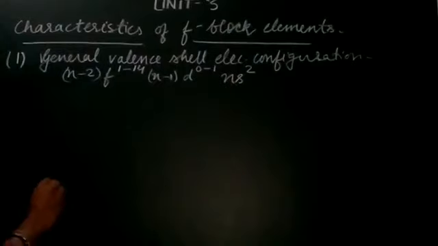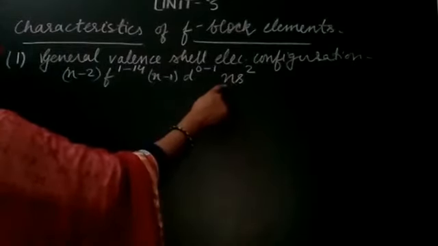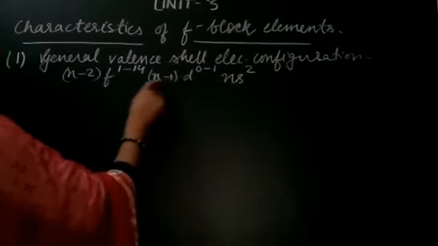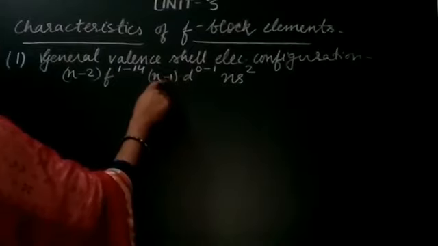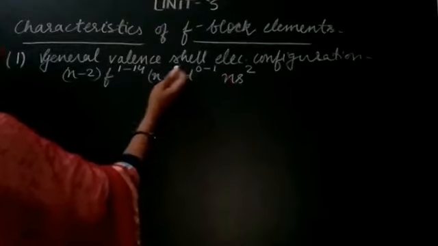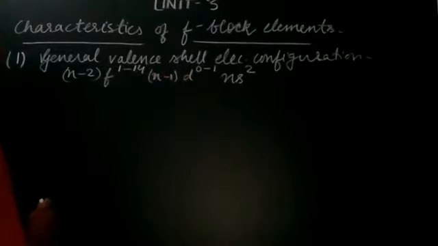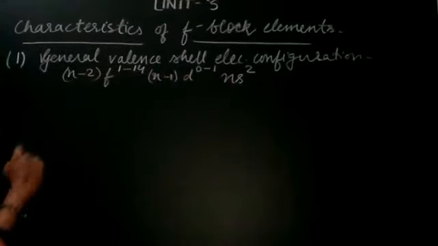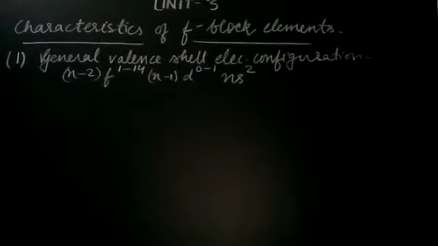Here n is the outermost shell. n-1 denotes the penultimate shell, that means a shell just one less than the outermost shell. And n-2 indicates the anti-penultimate shell.